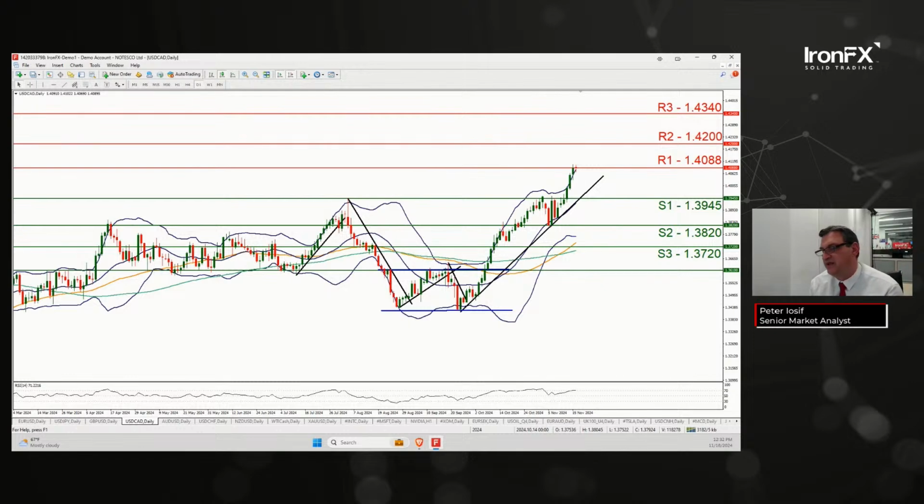I think, though, that it's more indicative of the trajectory of the pair. And should the price action correct lower, it could correct all the way down to the S1 1.3945, which used to be a resistance line, but has now been turned into a support line given that the price action has moved decisively higher, before bouncing on the pre-mentioned upward trend line.